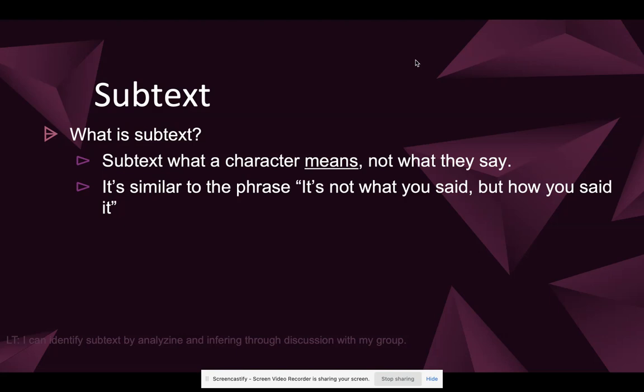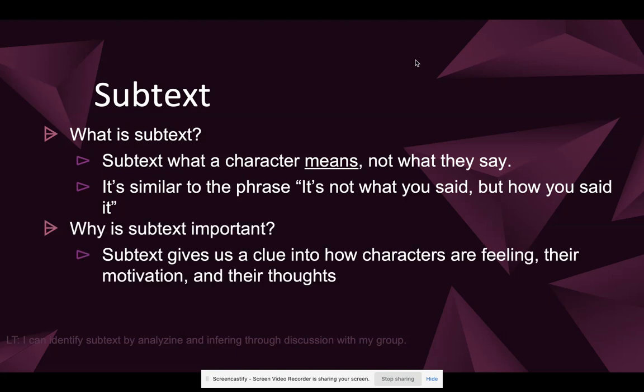So the subtext is the how you said it. Subtext is important because it lets us know how characters are feeling, what they're thinking about, their motivation, their thoughts, right? So it's really important for us to fully understand. Context helps us fully understand everything that's going on.